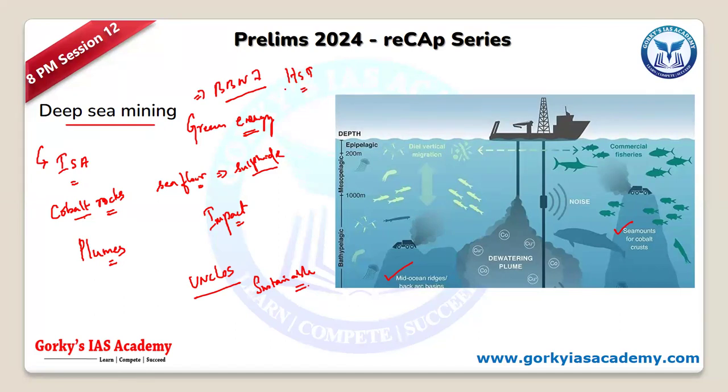For the first time we have a legally binding instrument in the area of biological diversity, especially marine biological diversity. It is under the UN clause that we have this treaty, which was recently adopted. So it can definitely be asked. High Seas Treaty, remember that.